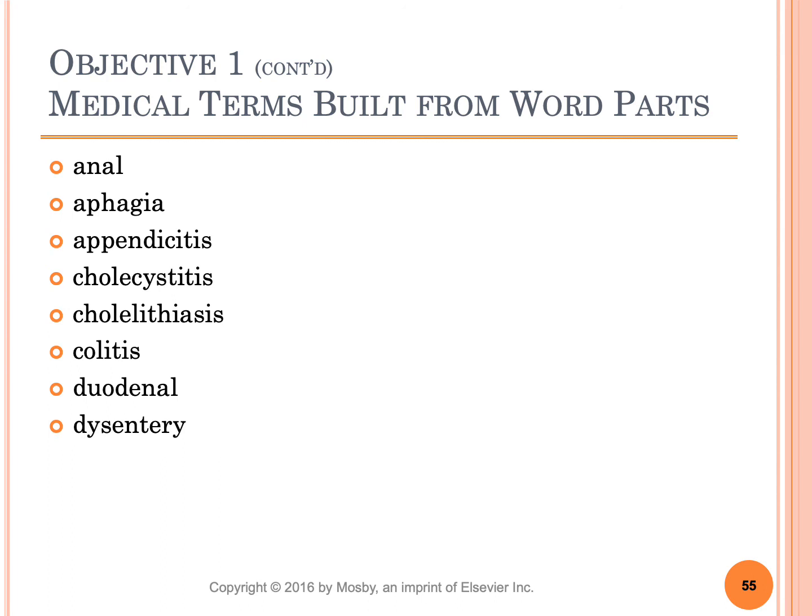Dysentery is a term that we use to refer to painful intestines, and there's actually a disease called amoebic dysentery that is a condition of the intestines being invaded by a certain microorganism.